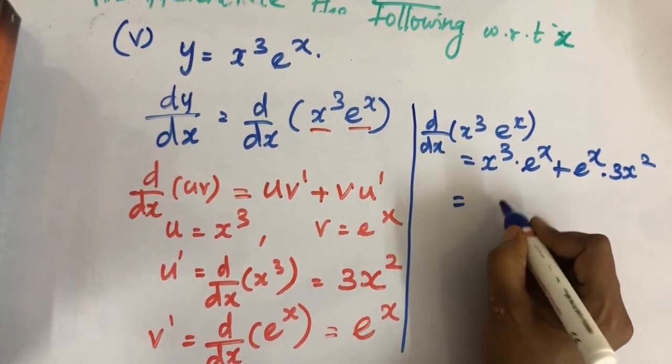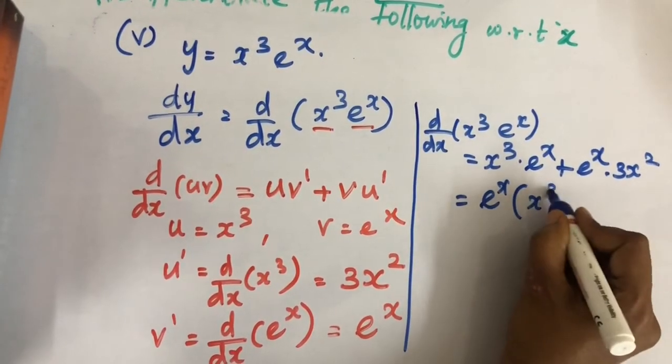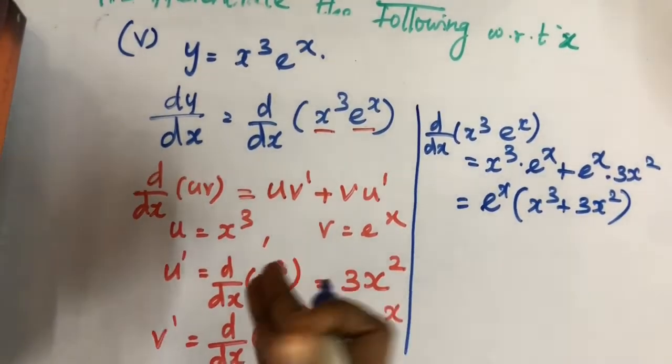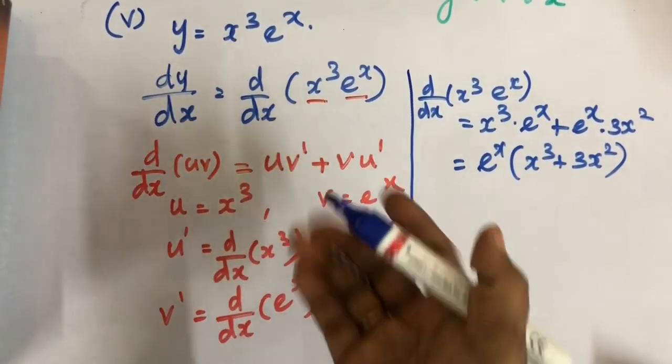So we can take e power x as common. So e power x into x cube plus 3x square, that is the differentiation. No need to do this separately. You can do it directly in the steps itself.